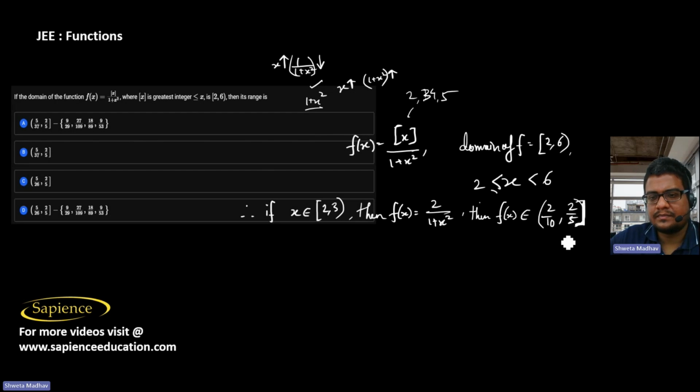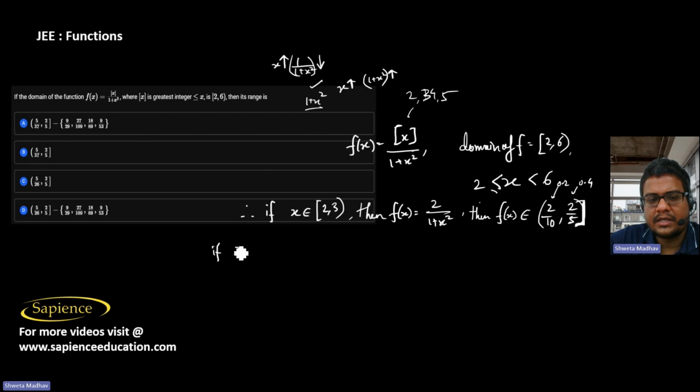And similarly, this is 0.2, this is 0.4. So it is going from 0.2 to 0.4. And 0.2 is not included since 3 is not included.